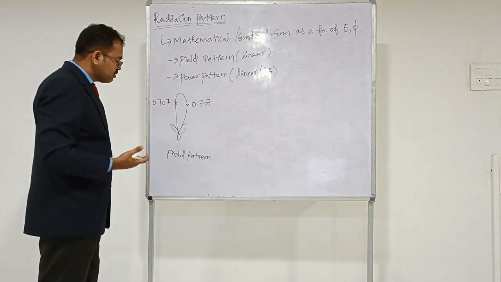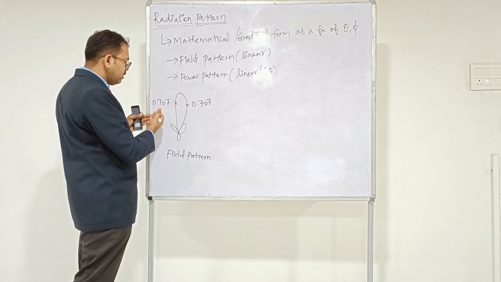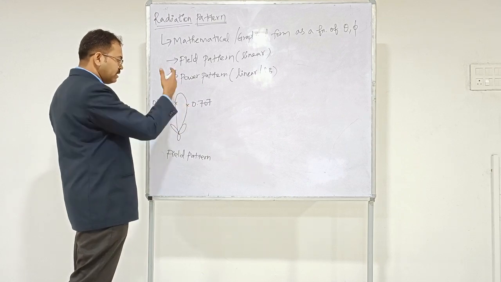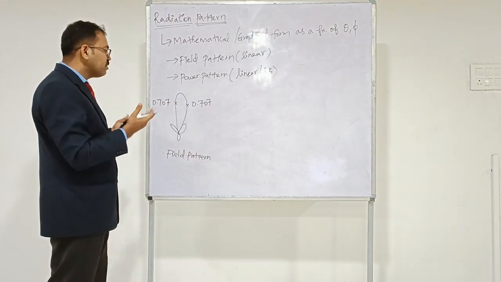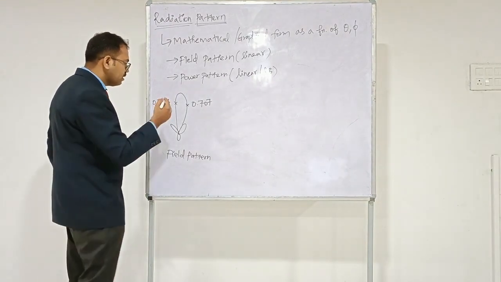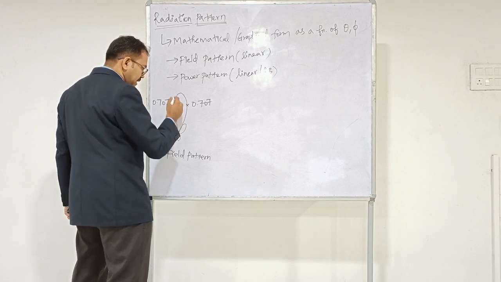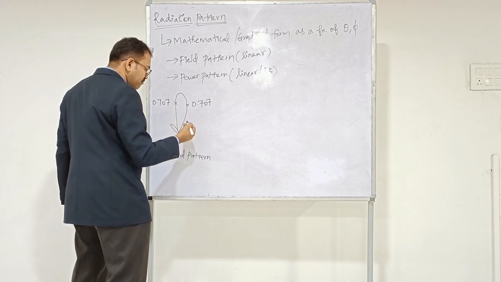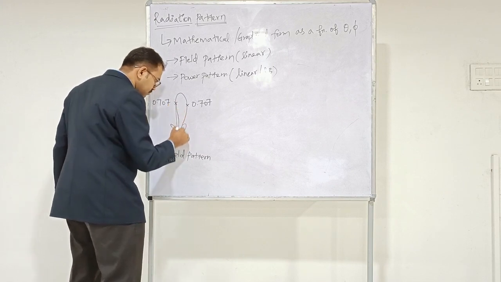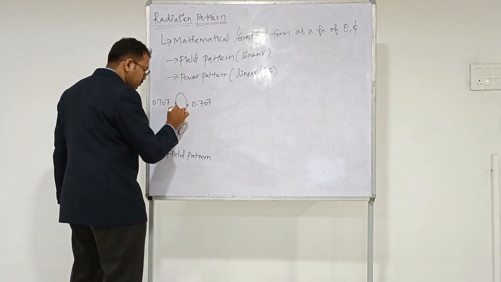If it is a normalized one, the maximum value is unity. You have to locate the points on either side which are equal to 0.707, nothing but 1 by root 2. These are half power points, and the angle enclosed between these two we can call the half power beam width. So this angle is HPBW.